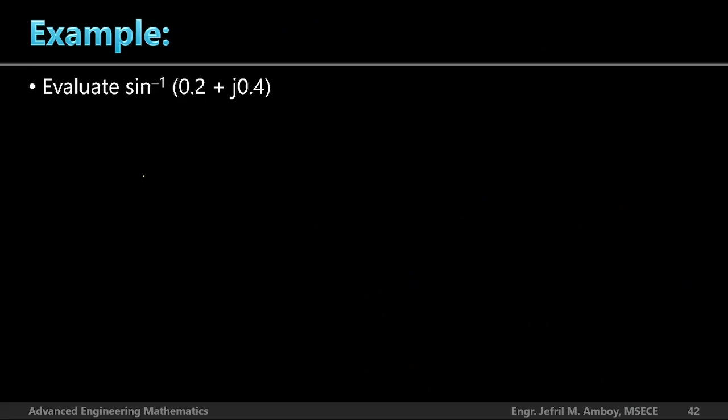Let's evaluate the sine inverse of the complex number 0.2 plus j0.4. Okay? So, i-recall muna natin ano nga ang formula para sa inverse sine ng isang complex number na z that's equal to negative j times ln of jz and then plus minus the square root of 1 minus z squared. Okay, gayahin lang natin yan ha.